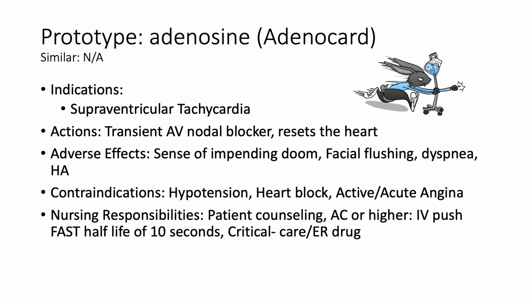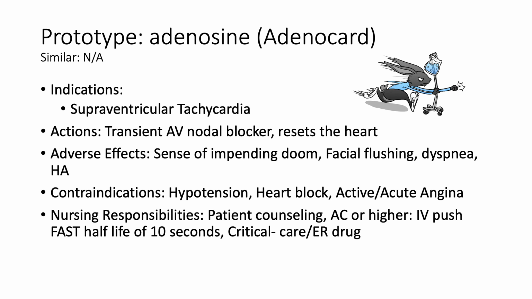It's stuck in this circular fashion, so it doesn't conduct normally from the SA node to the AV node and then to the ventricles. So because of this circular electrical circuit that's stuck, it needs to be broken. It needs to be stopped so that the sinus rhythm can then restart.